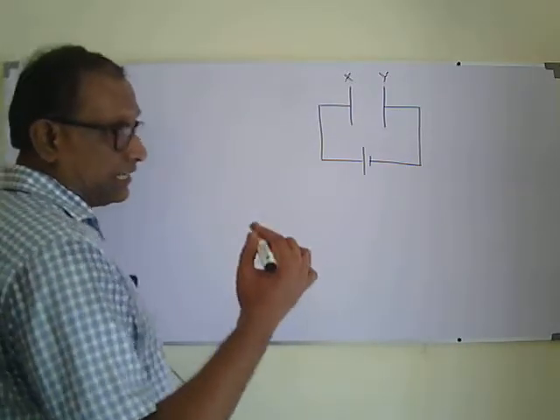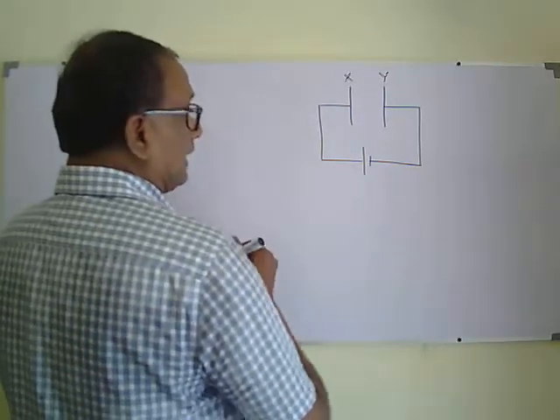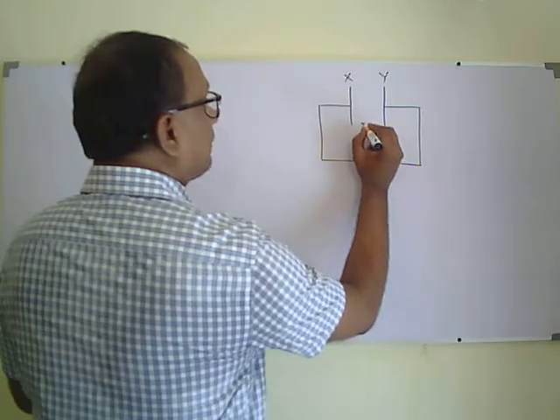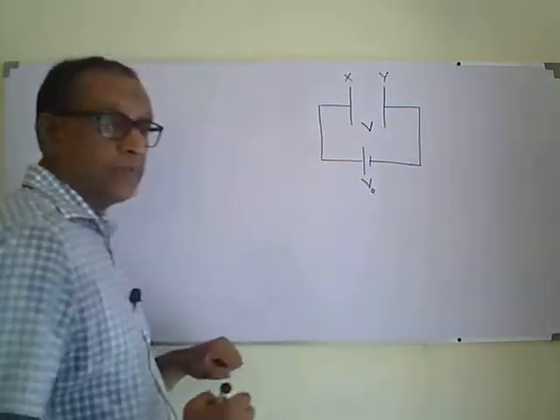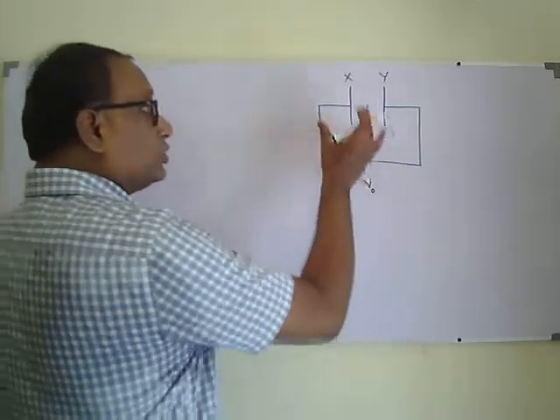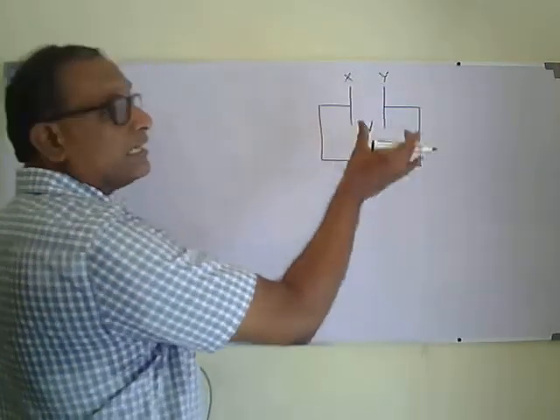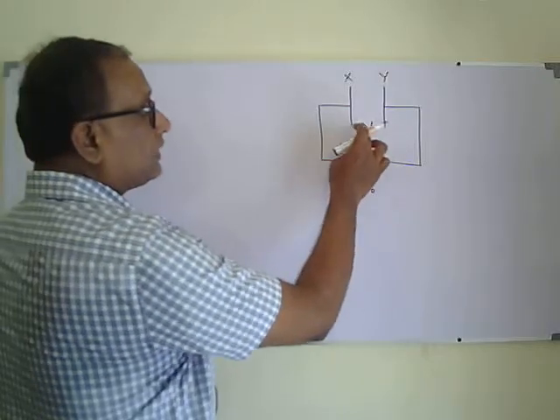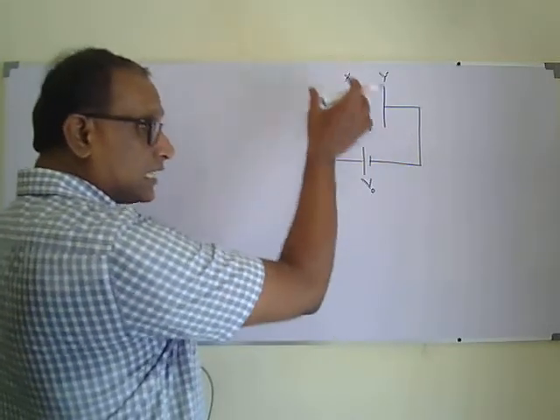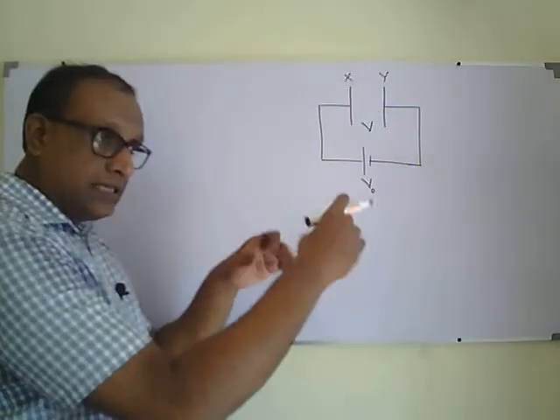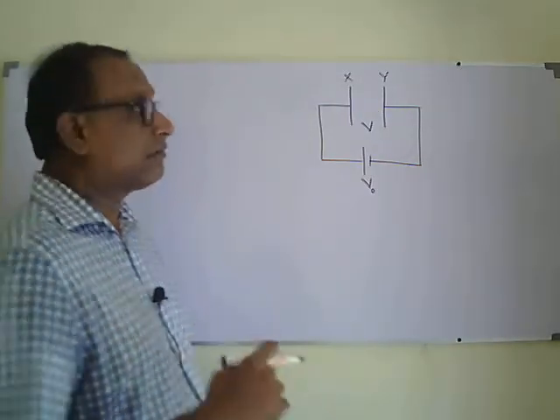Say at a particular instant during the charging process, the voltage across the capacitor is V, and the EMF of the DC power supply is V naught. Due to the charge already stored in it, there is voltage V across the plates, but still the charging process is continuing, right?